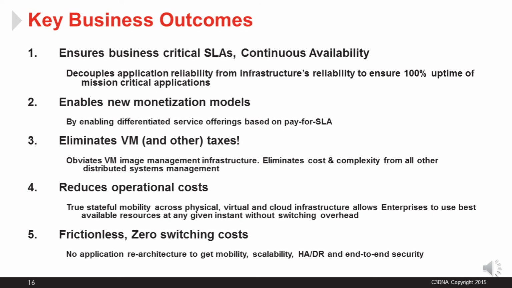True stateful mobility across physical, virtual, and cloud infrastructure allows enterprises to use best available resources at any given instant without switching overhead. Frictionless, zero switching costs. No application re-architecture to get mobility, scalability, HADR, and end-to-end security.